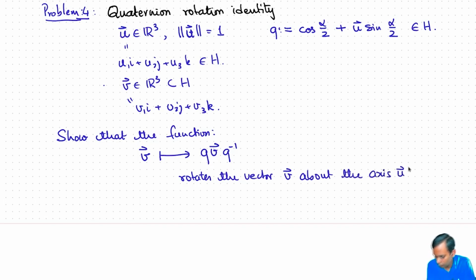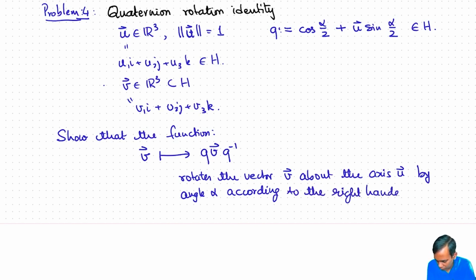Think of u as a vector in R3, think of it as an axis, by angle alpha, the same alpha that's appearing in the definition of Q, in the direction given by the right-handed screw rule.